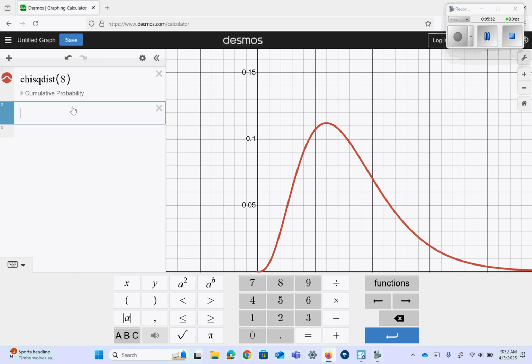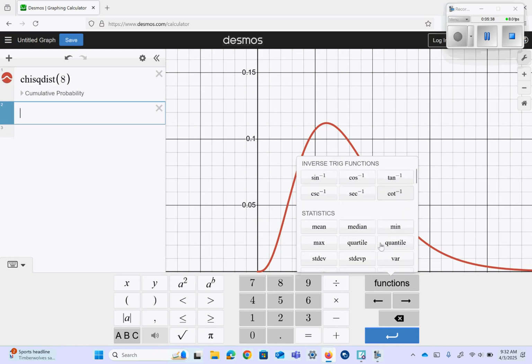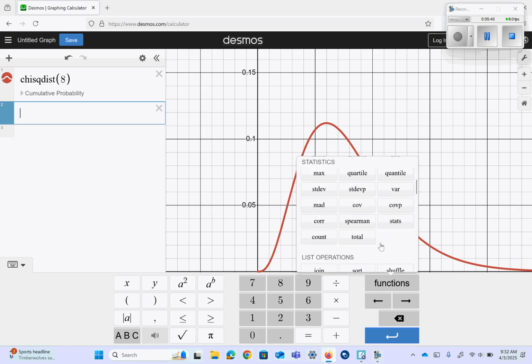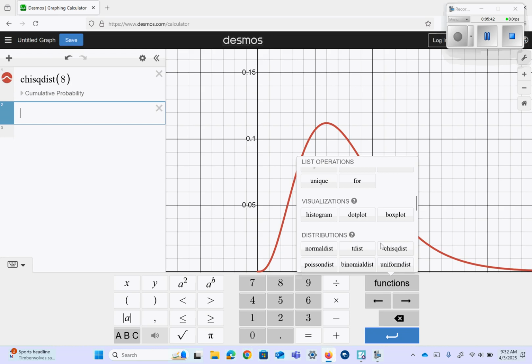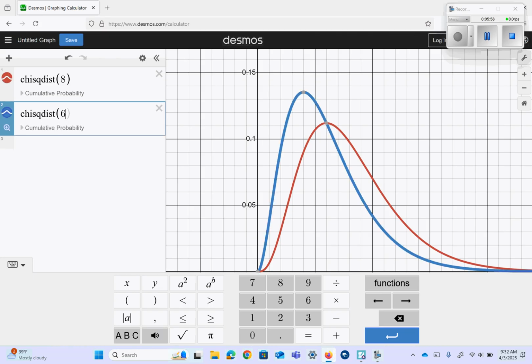So if I have a 4 by 3, degrees of freedom would be 4 minus 1, which is 3, and then 3 minus 1, which is 2, so 3 times 2. Then I drop down to 6 degrees of freedom.